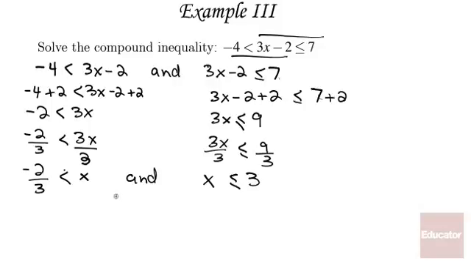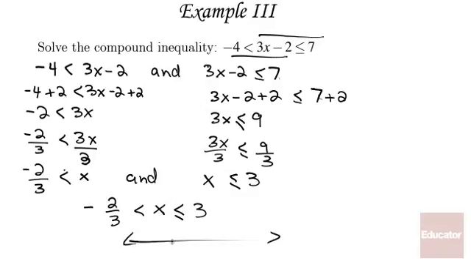Making this a little bit simpler, we can eliminate the x and the and, and come up with negative 2/3 is less than x and x is less than or equal to 3.